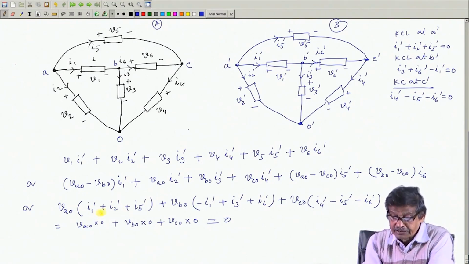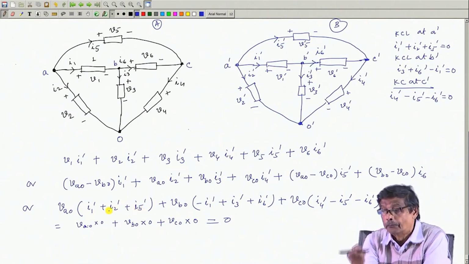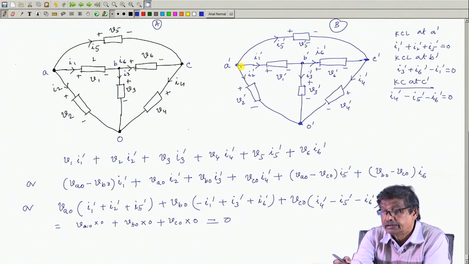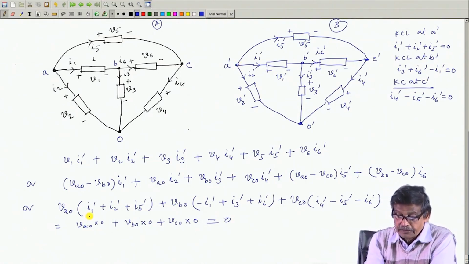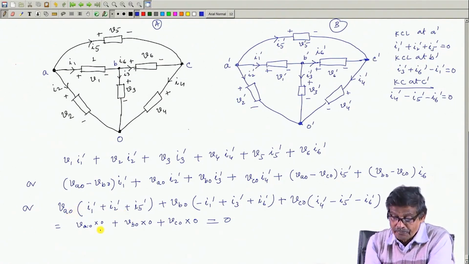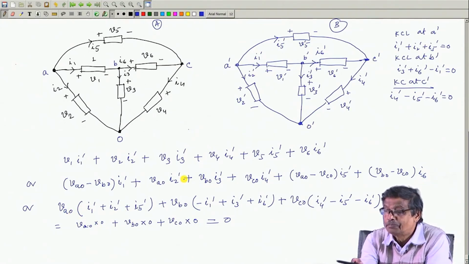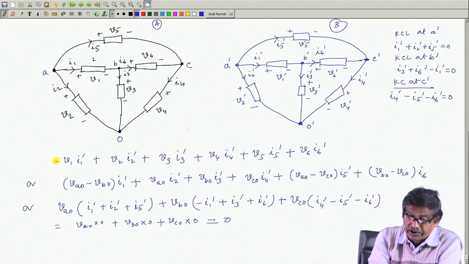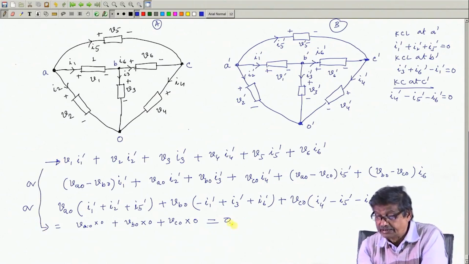But I1 dash, I2 dash and I5 dash when added must be 0, because it is the compulsion of this network to satisfy KCL at all the nodes A dashed, B dashed and C dashed. So, V_A0 is multiplied with a term which is KCL at nodes A dashed, B dashed, C dashed, and they are 0. That is why we say that, and we started with this and then came to this to establish that this indeed is 0.